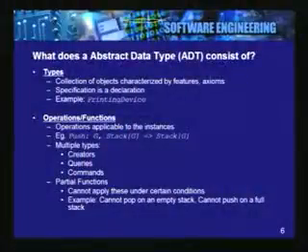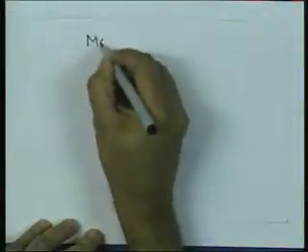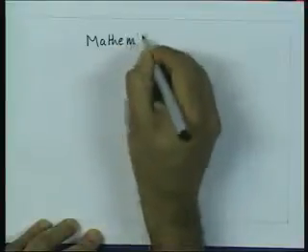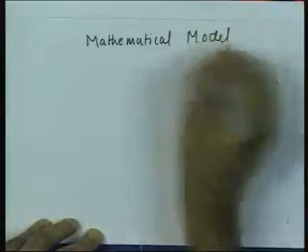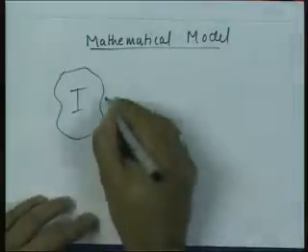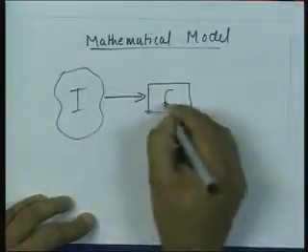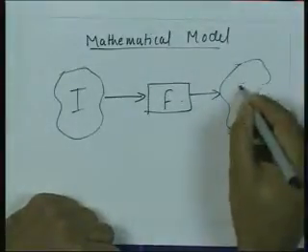So before we get into the details of what algebraic specifications consist of, it is useful to take a look at what exactly a mathematical model of software represents, and we shall look at that first. So the mathematical modeling of software essentially involves translating an input space, which is represented here by I, which is given to a function f that is doing the translation to some kind of output space.